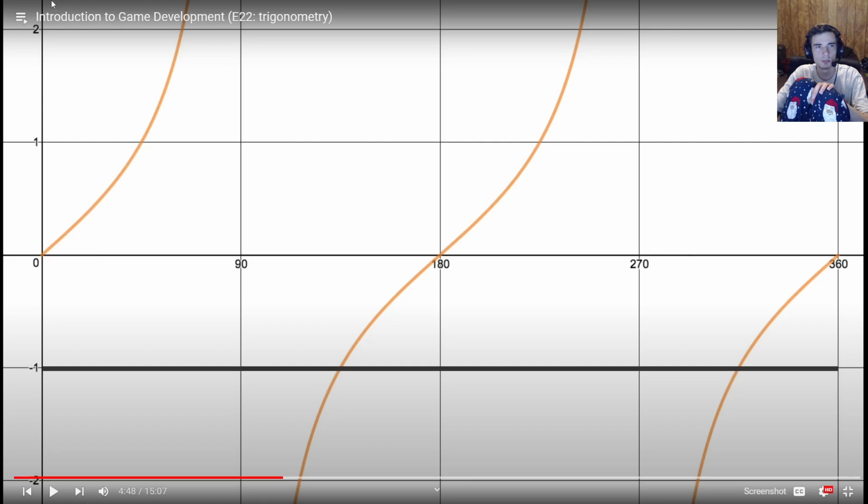Oh, it would come down here, right? It'd be like this, but flipped along the x-axis, I guess.